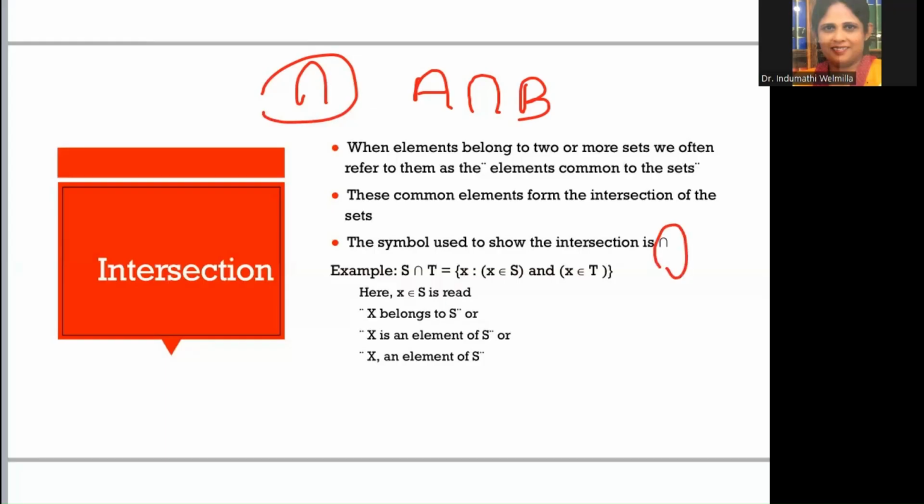As an example, S intersection T means here X belongs to S, X is an element of S. I will explain one more example.